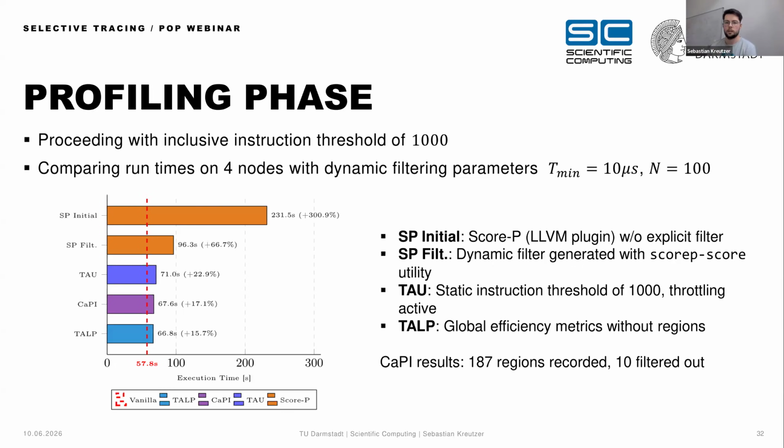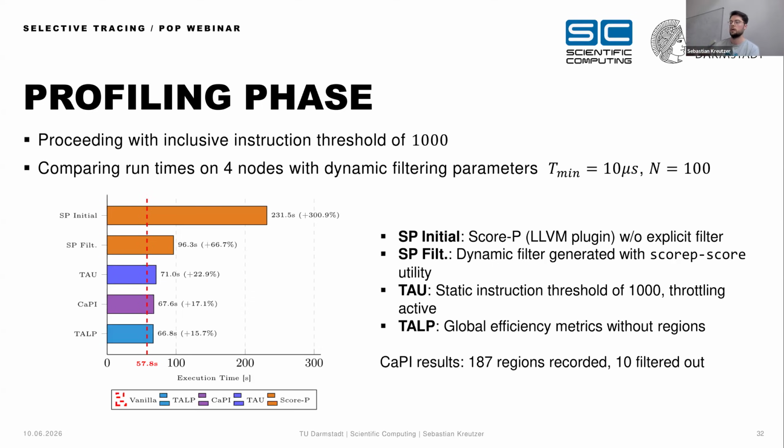So we've looked at some other tools to compare our profiling approach. We've looked at SCORP in two configurations. First, using SCORP with the LLVM plugin for instrumentation without explicit filtering.